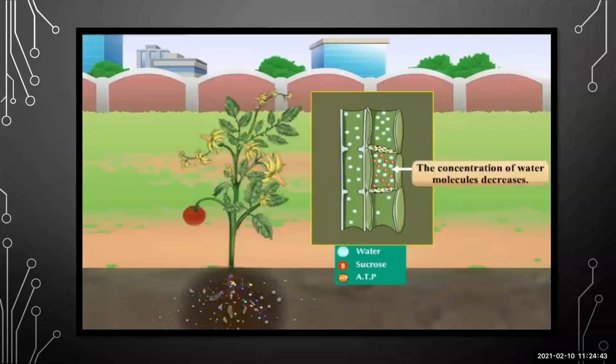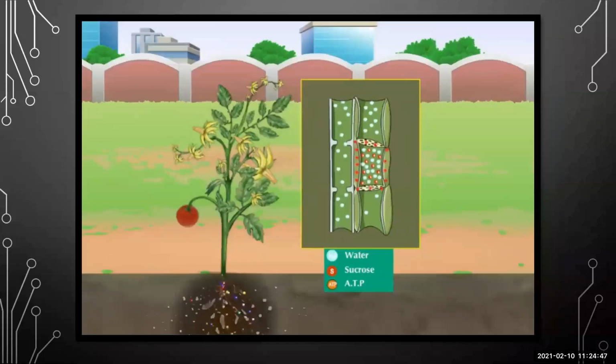Now, if there is a lower concentration of water molecules, the water will be absorbed by the xylem, and there will be a balance in the water molecules. When the cell becomes turgid, it will exert pressure on the adjacent cell, as we have seen in root pressure.